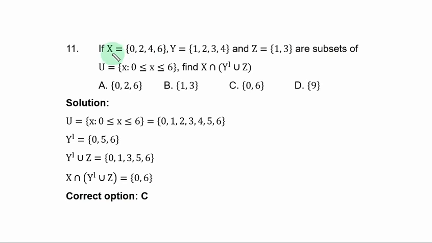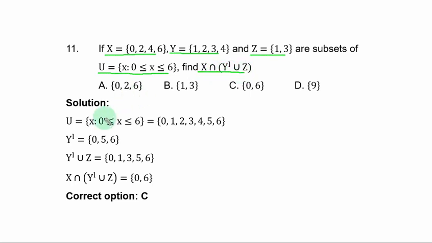Question 11. If s, y, and z are subsets of the universal set U equal to s such that 0 is less than or equal to s, which is less than or equal to 6, find U intersection bracket open y complement union z.